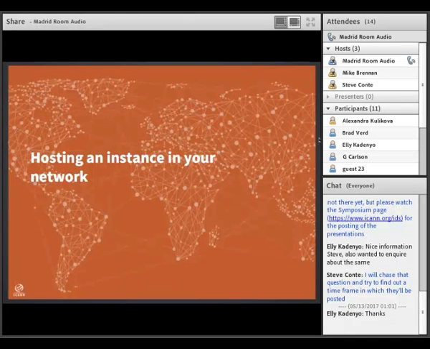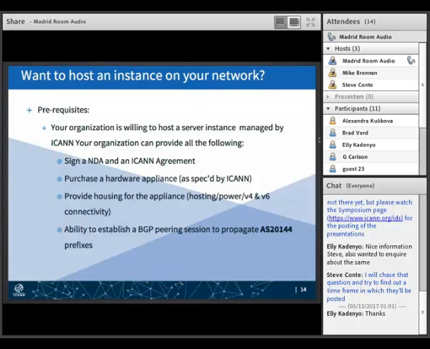So if you're interested in hosting an instance in your network, and especially if you are an ISP, these are the kind of steps that we are asking right now. The prerequisite is that your organization is willing to host one of these servers. You will have to do some paperwork to sign an NDA and an ICANN agreement, so we can specify who is in control of which part, and that's very explicit.